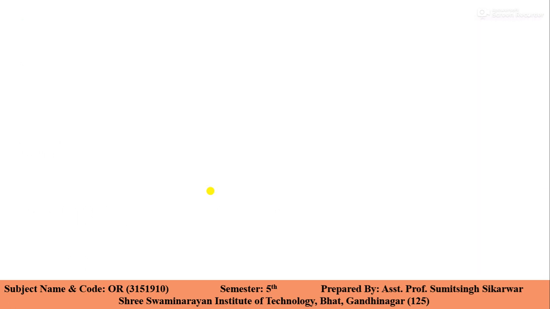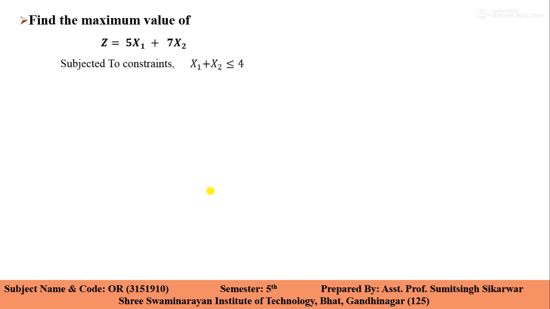Now let us move on to another example which has a unique optimal solution, and we need to maximize the value of z is equal to 5x1 plus 7x2, which is subject to the constraints x1 plus x2 less than or equal to 4 and 3x1 plus 8x2 less than or equal to 24.